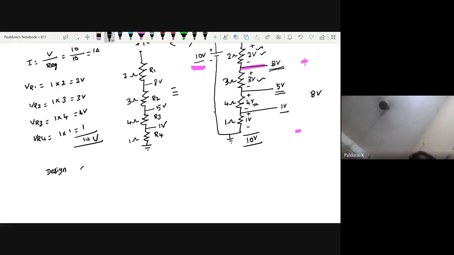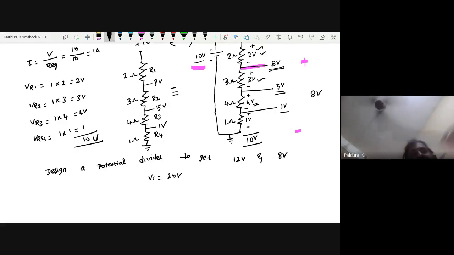So now design a potential divider by yourself, to get 12 volt and 8 volt. Assume the input voltage is some 20 volt. Can you do it by yourself? Take 2 minutes.